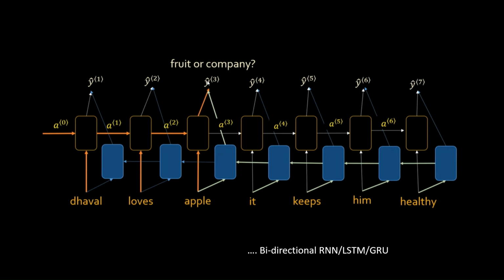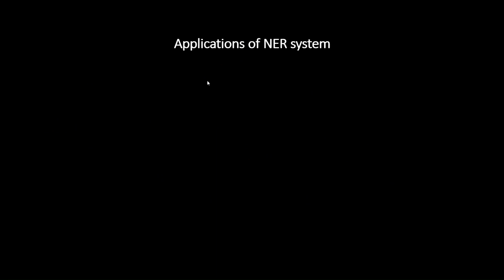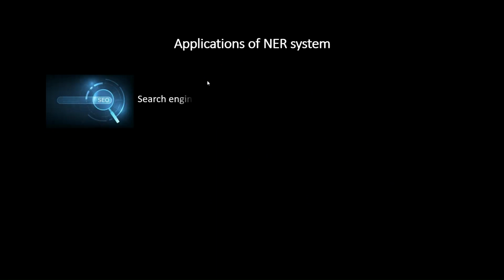Here are some real world examples of named entity recognition systems. The first is search engine efficiency, the ability to scan documents for certain things quickly. Just imagine how NER can optimize search engine efficiency.